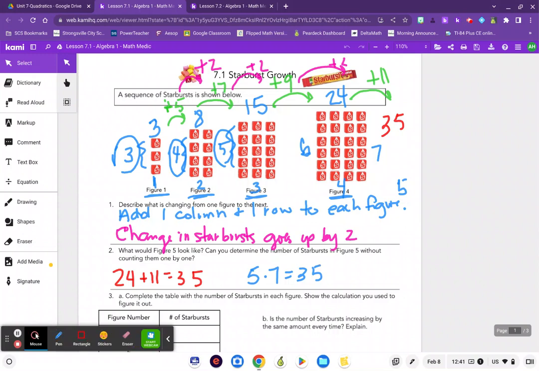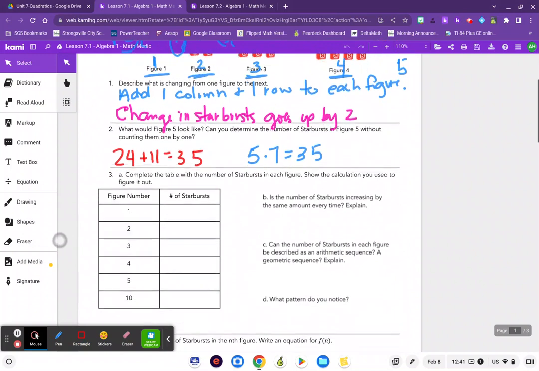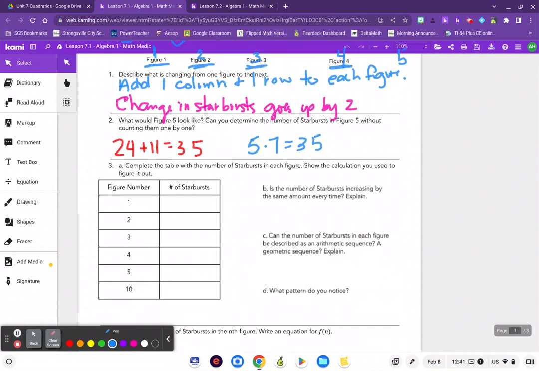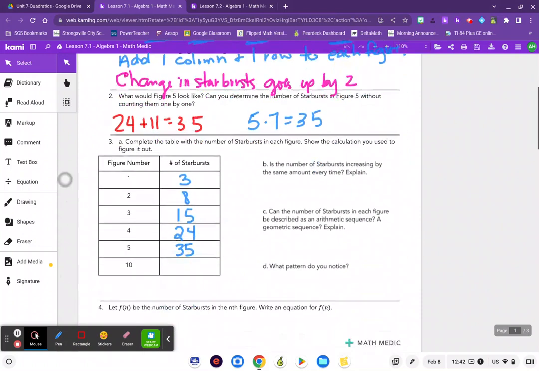Okay, so we are going to go ahead and record this information that we have. We said that in figure 1, there were 3 starbursts. And in figure 2, there were 8 starbursts, and then 15 starbursts in figure 3, 24 in figure 4, 35 in figure 5. Now I got to think about what would be in figure 10. And this is where I'm going to use the idea of this 5 times 7, right?